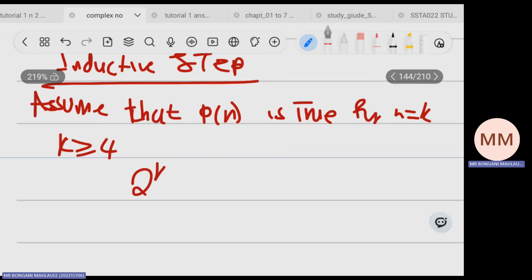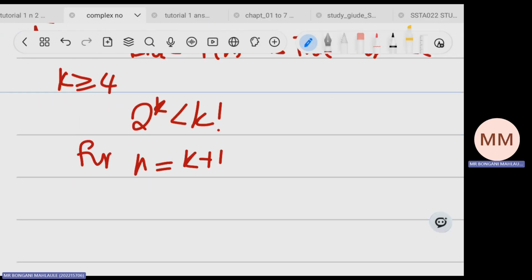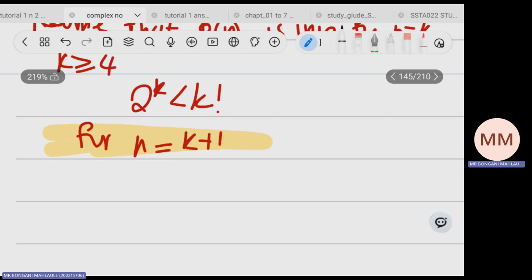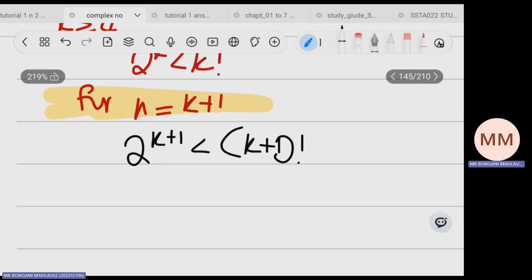Then you have 2^k less than k factorial. Then for n equal to k plus 1 on the deduction step, you're going to have this. You'll have 2^(k+1) is less than (k+1) factorial.